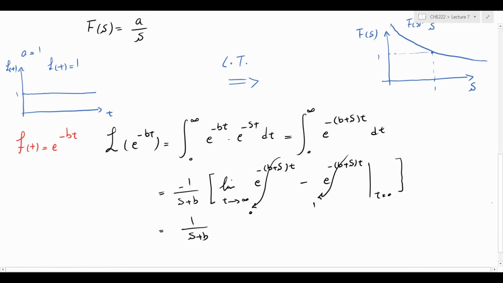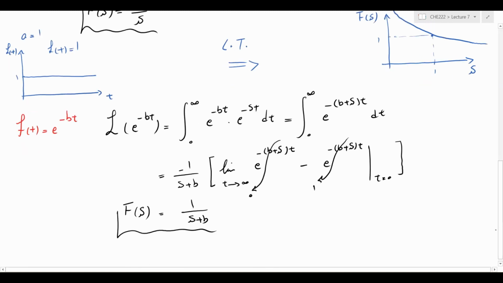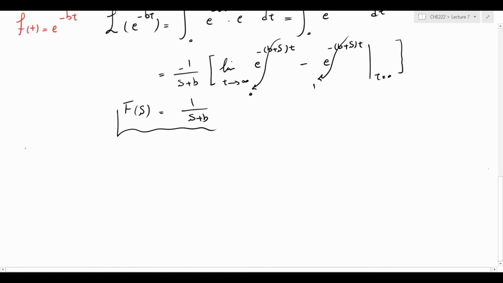In other words, the Laplace transform of e to the power of minus bt is capital F(s), and again I will draw f(t) and capital F(s) just to give you a perspective of how the transformation affects the function. For that, I give b the value of 3, and f(t) will be e to the power of minus 3t.